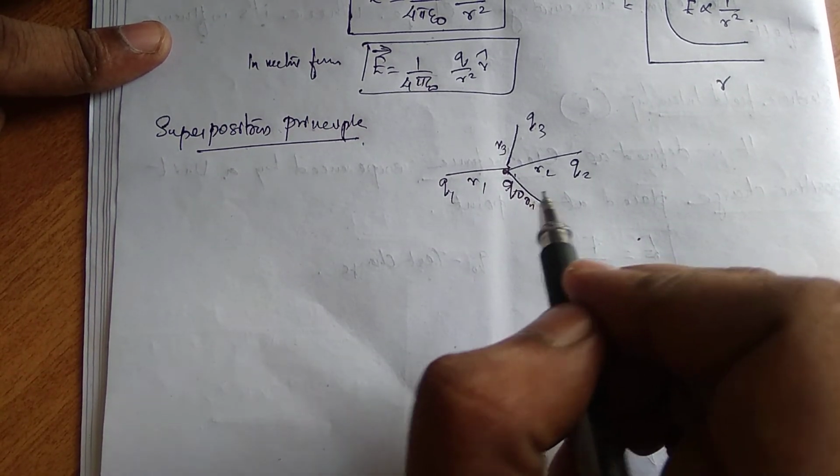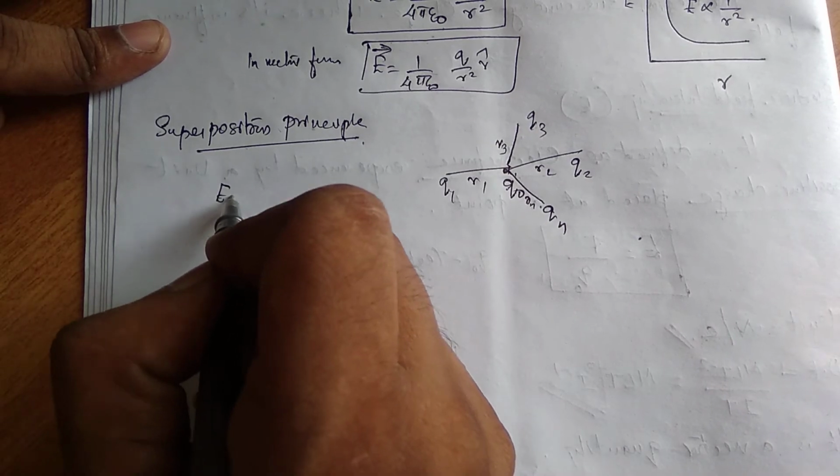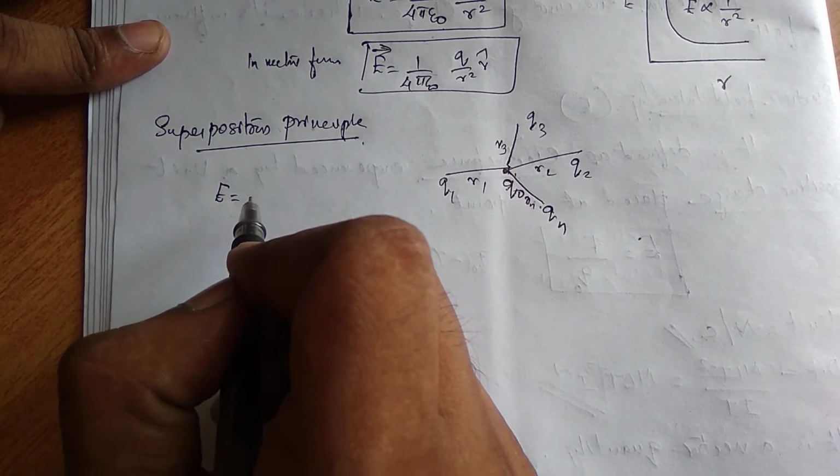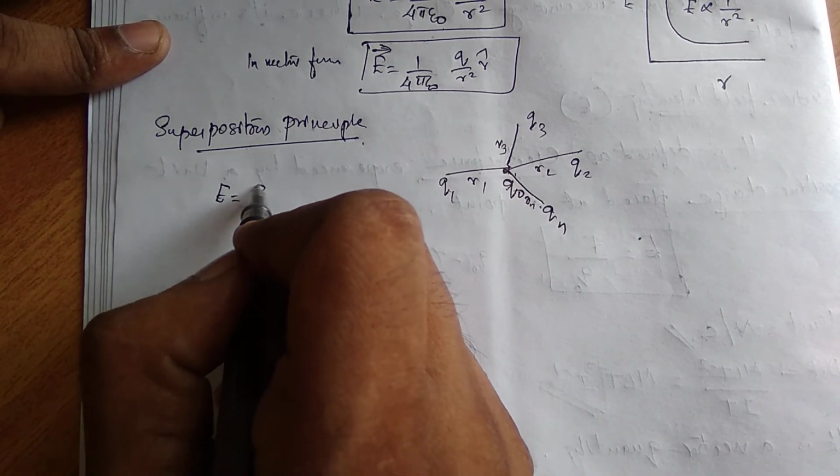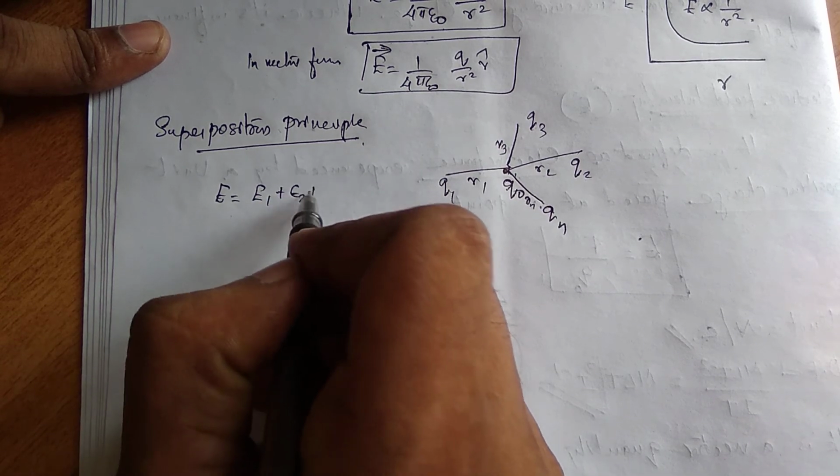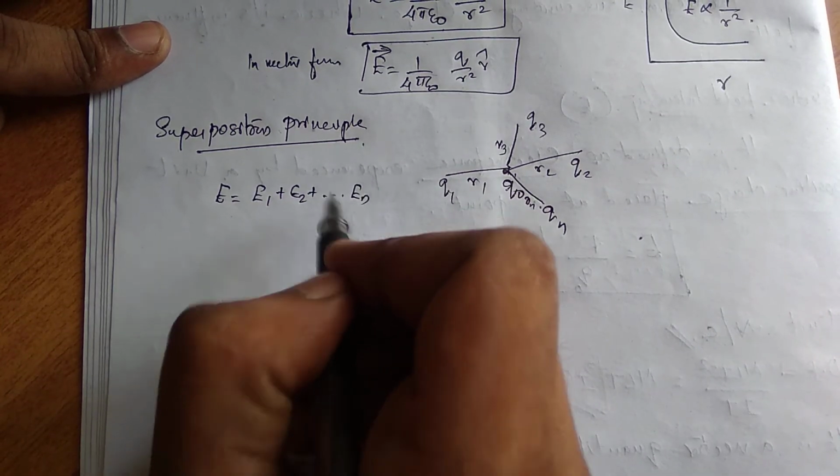Then by superposition principle, it is the vector sum of individual electric field intensities, that is E equal to E1 plus E2 plus etc. En.